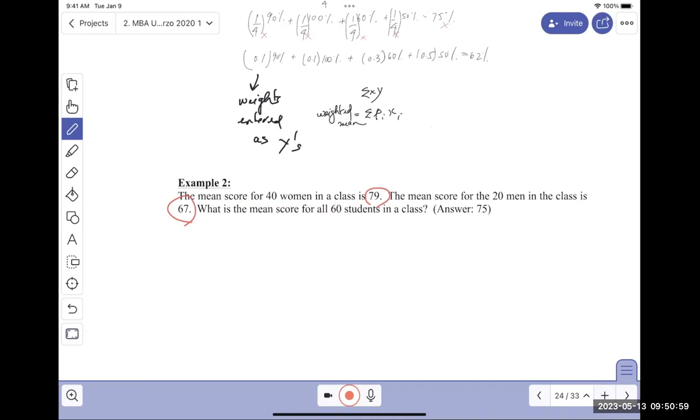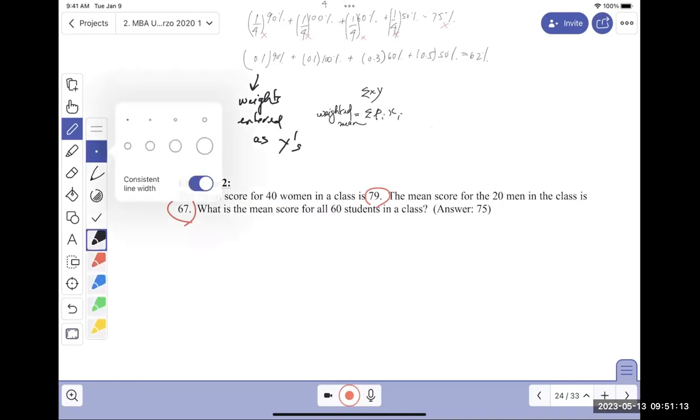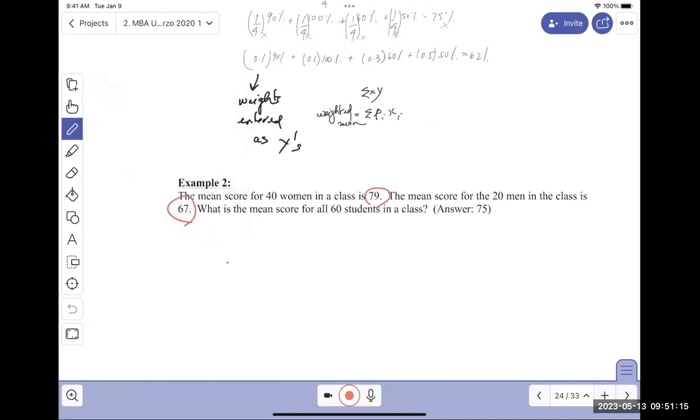Women did better, but you want an overall class score at any rate. There are more women in the class. Okay, so I do the same thing where I put my scores down. My scores are 79 and 67, but I need the weight. So how do I get the weight?